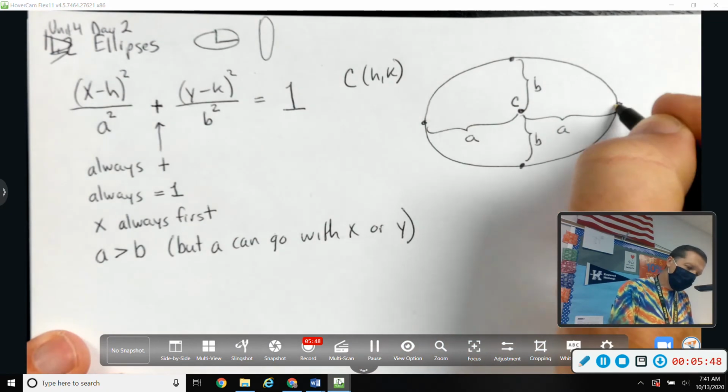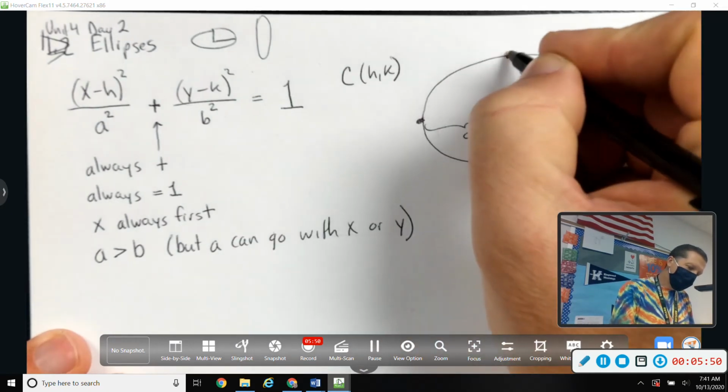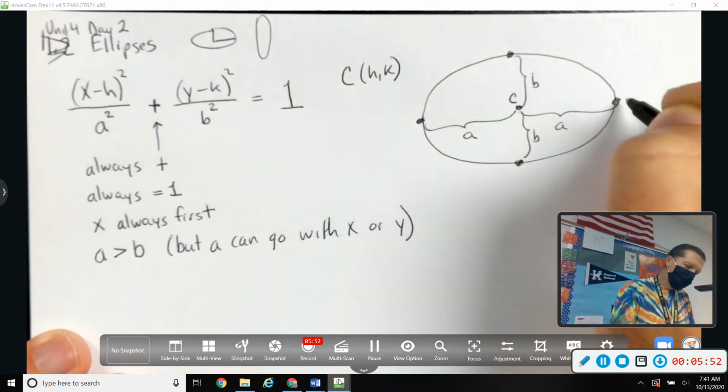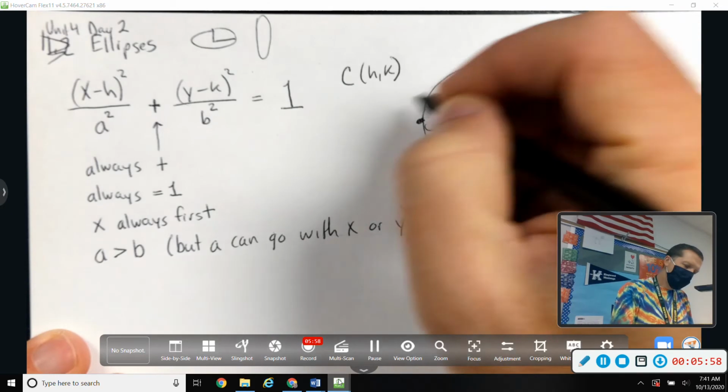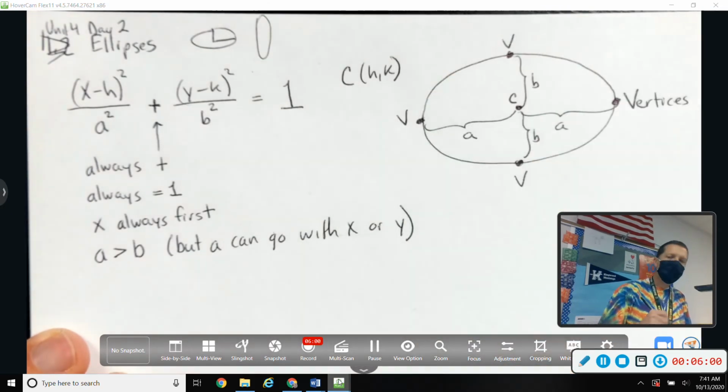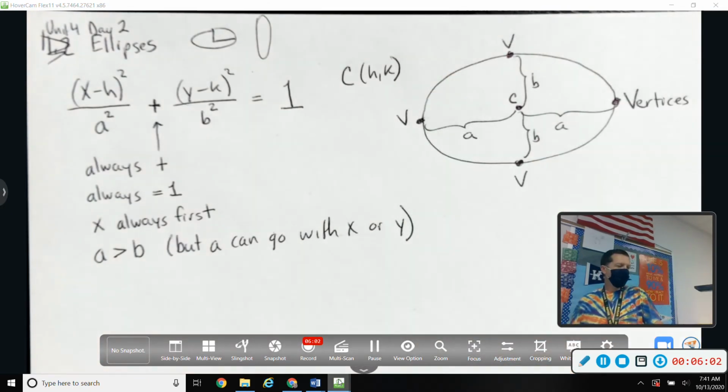All right, these points on the ends that we found, those are called vertices. The 4 vertices.